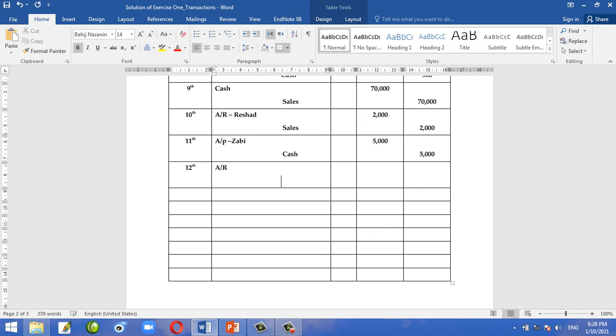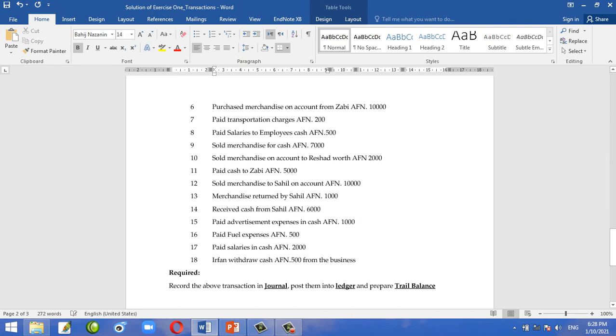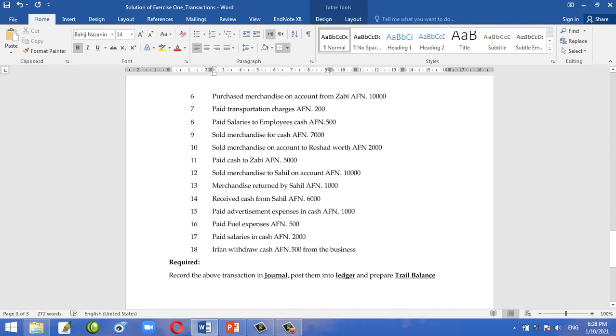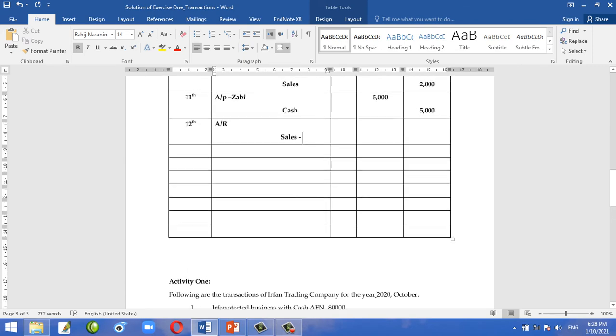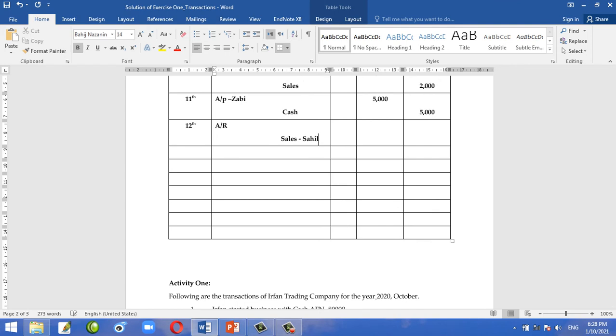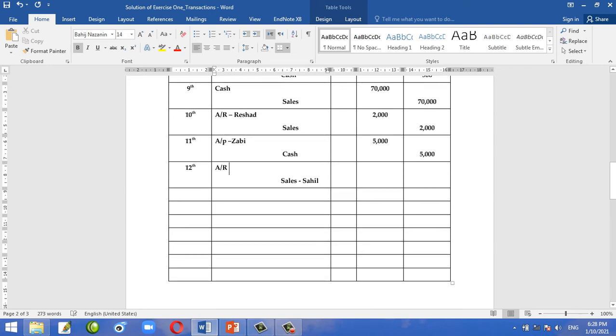That is against sales of merchandise. Also, you can write the name of the person here, that is Sahel. So accounts receivable is worth 10,000 Afghanis, and also we have 10,000 Afghanis as a credit.